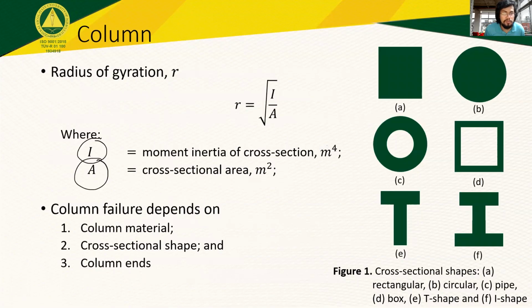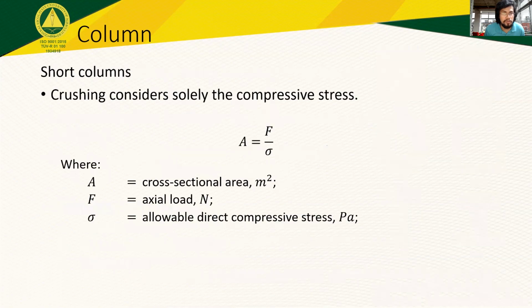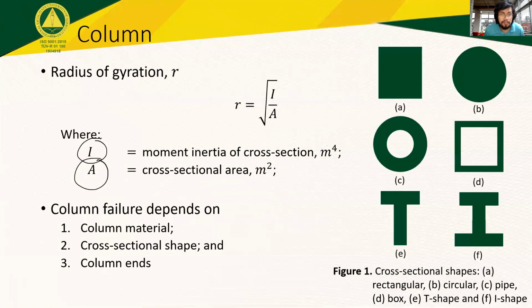But before we do, let's have an example with short columns that fail due to compressive stress solely, or in terms of crushing, and we have the formula A is equal to F over sigma, with sigma as the allowable compressive stress, which is dependent on the material of the column.